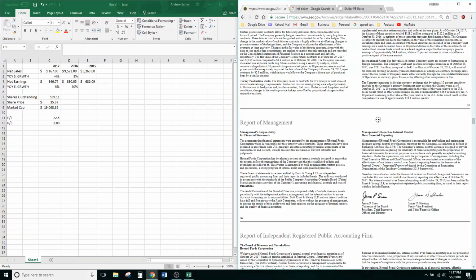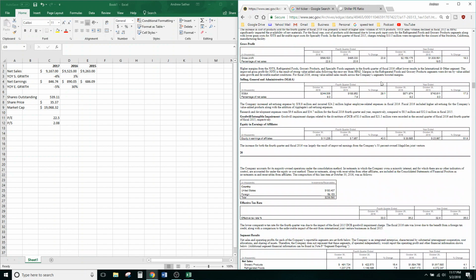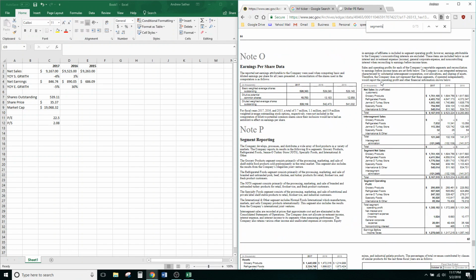But what I like to see is the segment stuff. So yeah, like note P. Again, every stock, every 10K is going to look different, but here's where you can start to see what makes up that revenue. And sometimes they do it for earnings too.